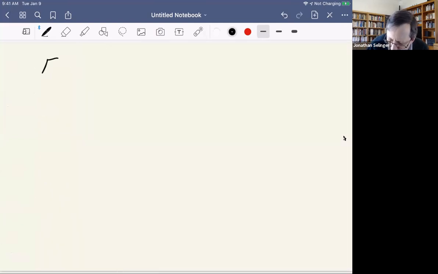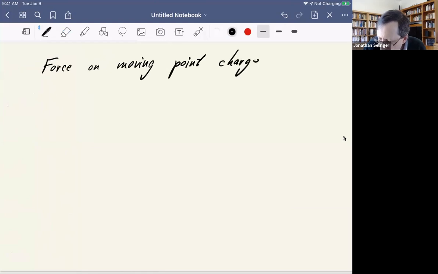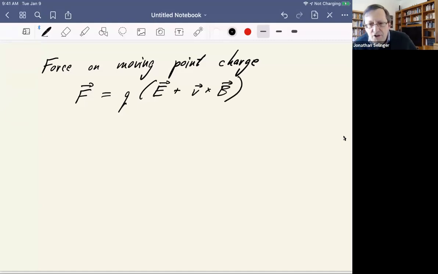So just as a check, one equation that you might remember from electricity and magnetism is for the force on a moving point charge. Right, the Lorentz force is F equals the charge Q times E plus v cross B. Okay, so let's check all the expressions here.